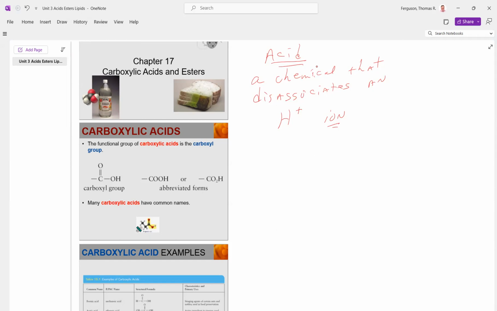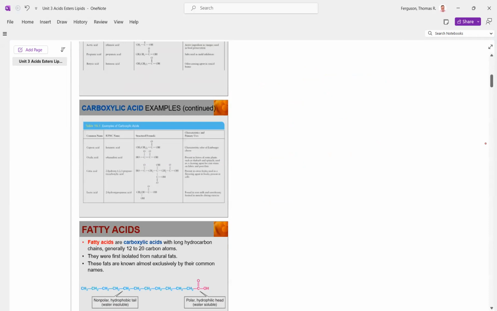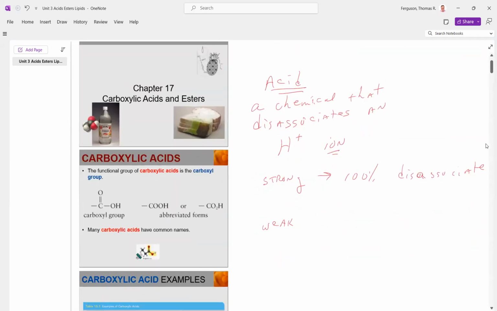And there are two kinds of acids. Strong acids: there are only 7 of them in the world, at least as of today. 100% of the hydrogen comes off of the parent chemical.